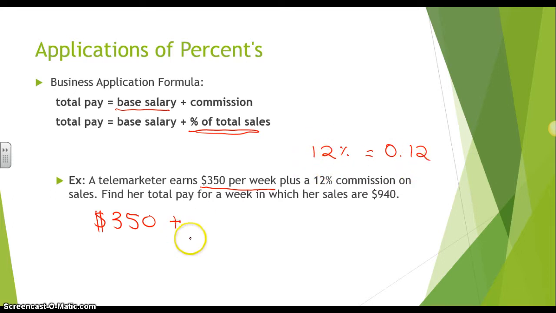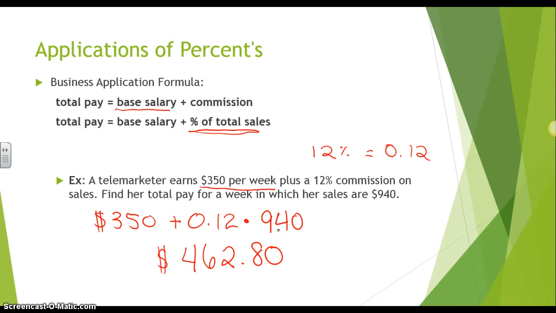So then I'll add my 12%, which is 0.12, times the sales, which is $940. And when I solve this, thinking of order of operations, you first have to multiply 0.12 times 940, then add $350, and you're going to get a total of $462.80 for this problem.